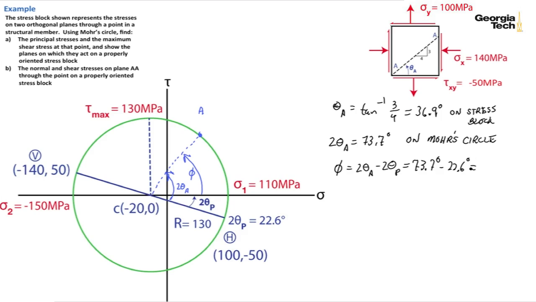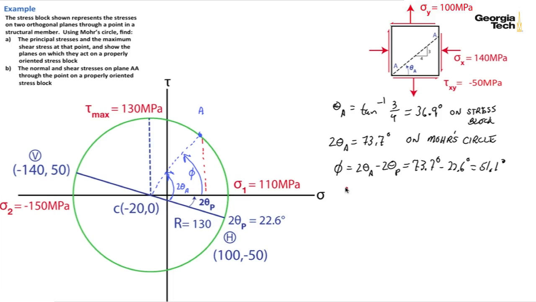And so phi ends up being 51.1 degrees. Now I can drop a vertical line here, and so I know what this angle is, and now I can find at point A my shear stress and my normal stress at point A.